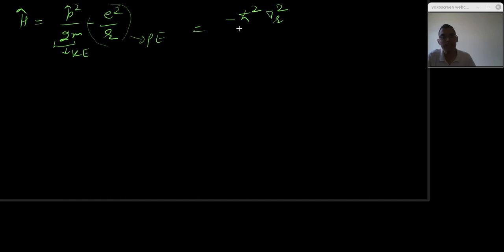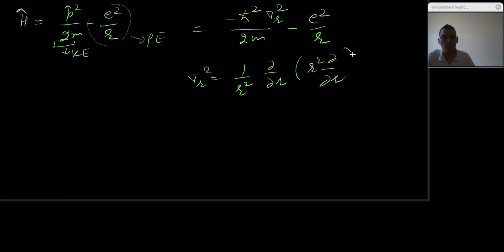So it is h cross square del r square over 2m minus e square by r, and as we know, del r square is equal to 1 over r square ∂/∂r of r square ∂/∂r.